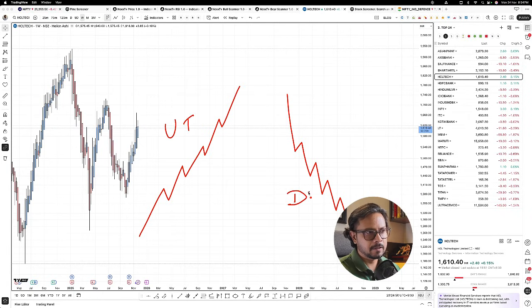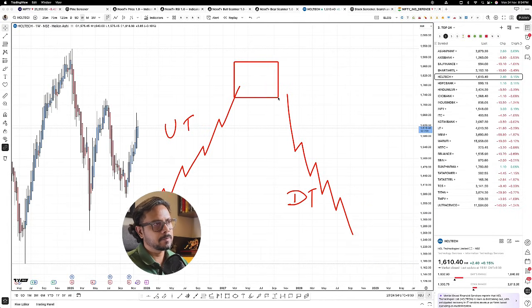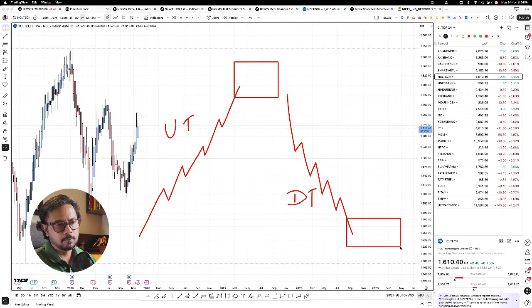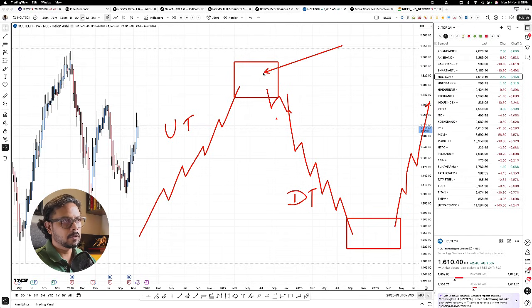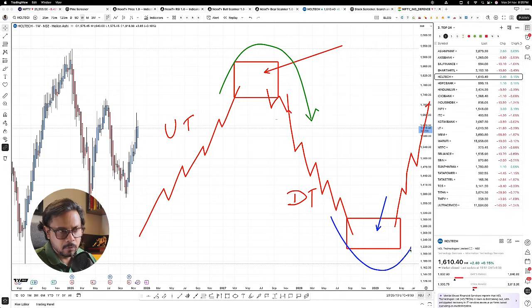There has to be a certain drift in the price, and then a certain pattern shapes up at the top and at the bottom, which leads to the reversal of the previous trend. So this particular pattern will lead to a reversal of the uptrend to the downside, and this particular pattern will lead to a reversal of the downtrend to the upside.